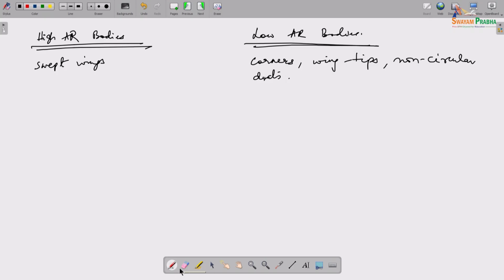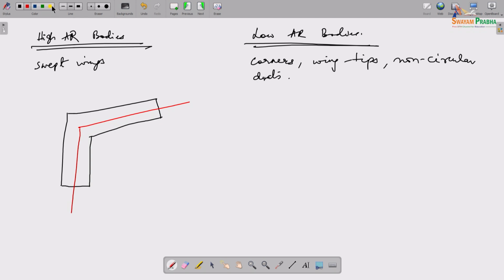So, let me draw this. Say a swept wing. So, you can have this.